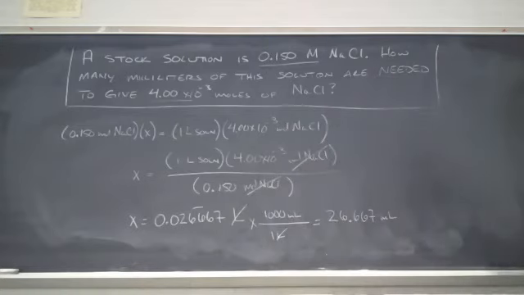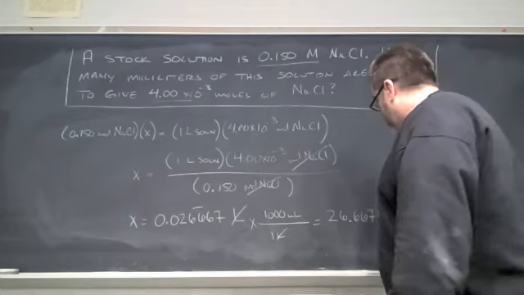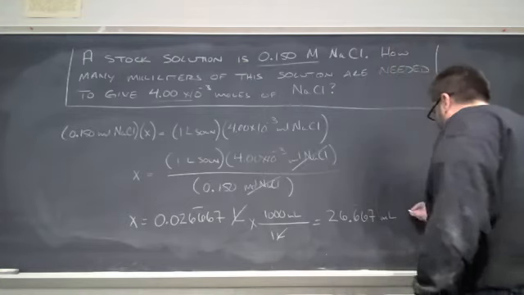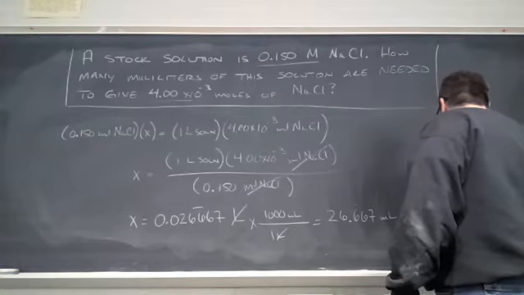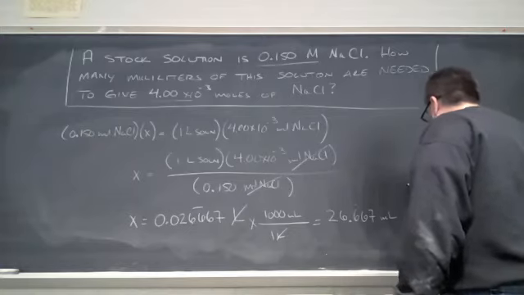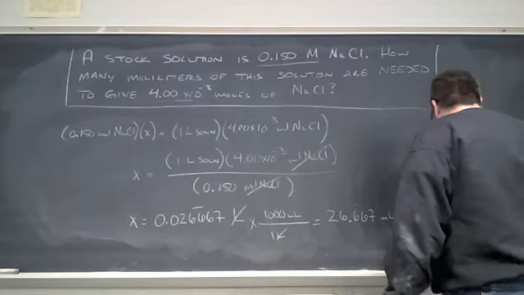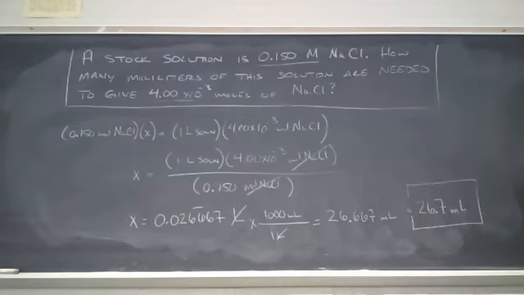So we got 26.666667 milliliters. Again, you want to round that to 3 significant figures. So the volume that we would need is 26.7 milliliters. And we could measure that out with a graduated cylinder.